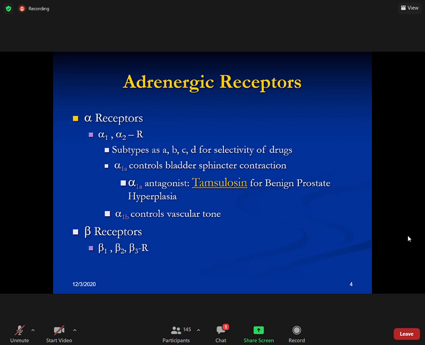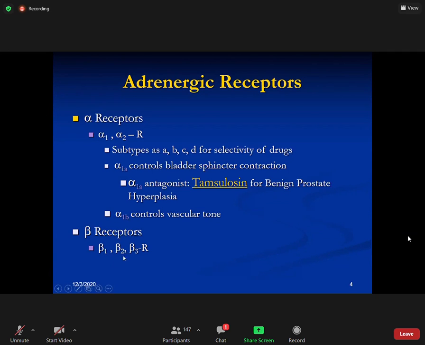It causes vasoconstriction. It's controlling the vascular tone. So do you want the patient to have an effect on the prostate or on the vascular tone? So before, until they found tamsulosin, they gave general alpha 1 blockers. Now they give it to act on the prostate. Is it clear? I will repeat it later, hyperplasia or hypertrophy.